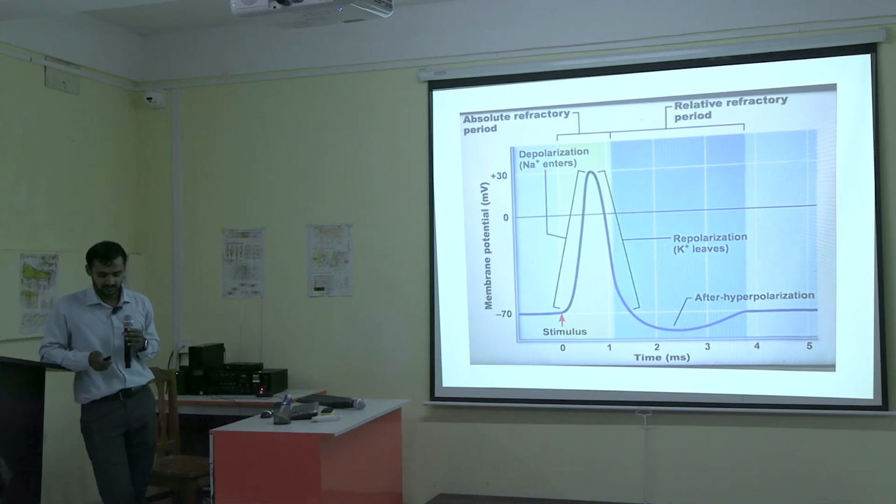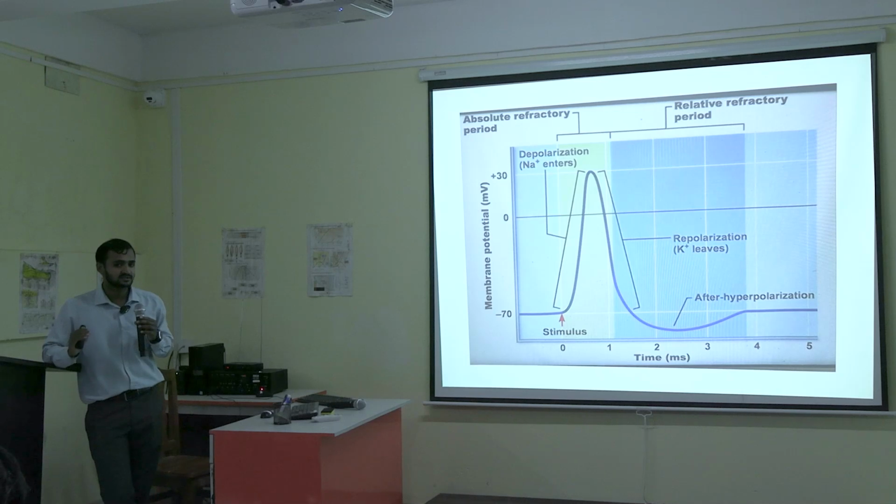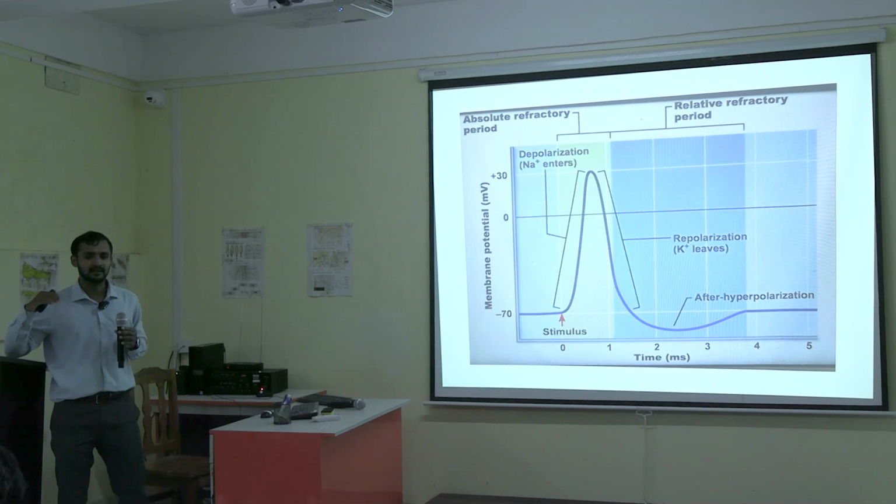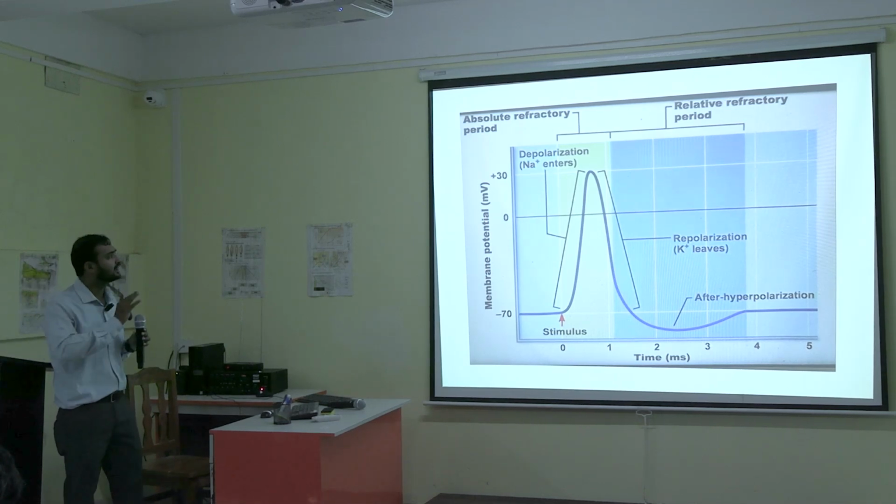Will this produce any stimulus? Because it has not reached the threshold, this is known as subthreshold. This won't produce any stimulus, so it has to reach the threshold level, that is from the resting membrane potential by 10 to 15 millivolts. It has to reach that level, then only it will fire. Otherwise no action potential will take place here.